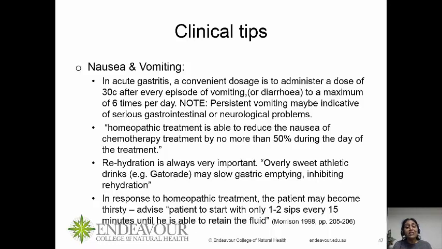So it's all these symptoms that are very important in homeopathy rather than the diagnostic factor.